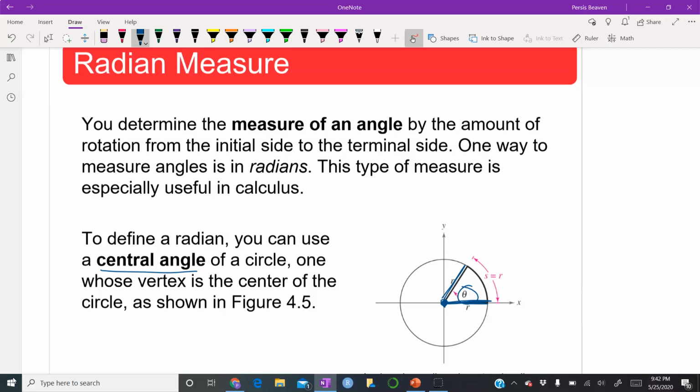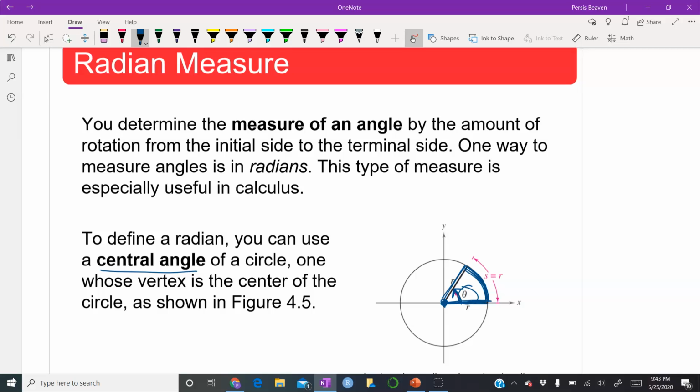And so if we consider the angle from here, a central angle, by definition the arc that we have here, the length of this arc, or a segment of the circumference of a circle, is also going to have the same angle measurement.